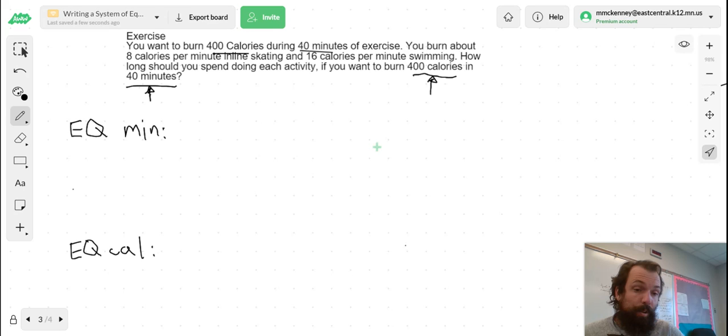Now an equation talking about calories. Again, our verbal is going to look similar. We have our total calories equal to the number of calories we burn skating plus the number we burn swimming. So our total calories is 400.